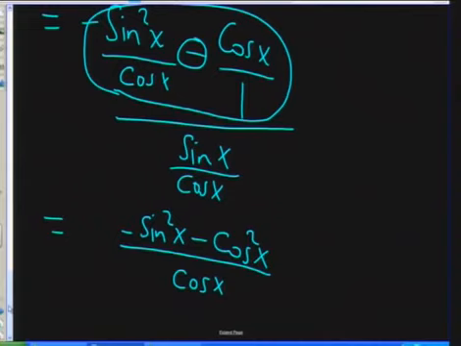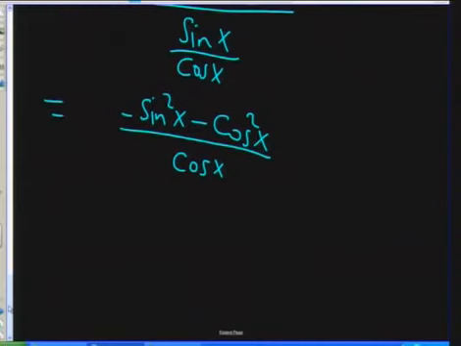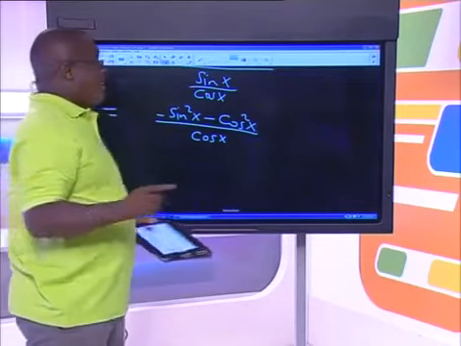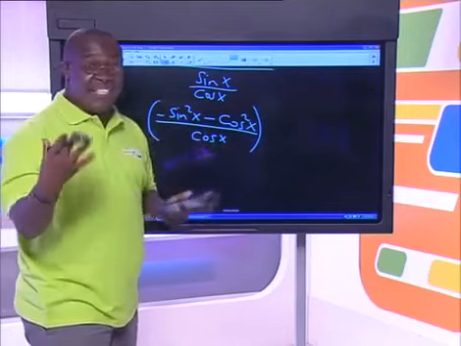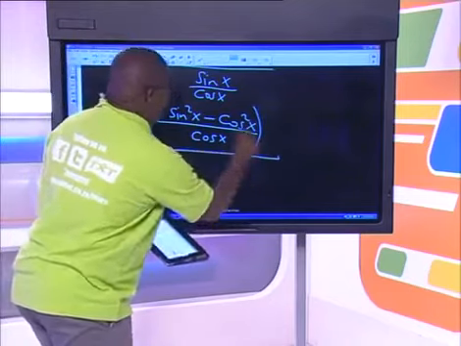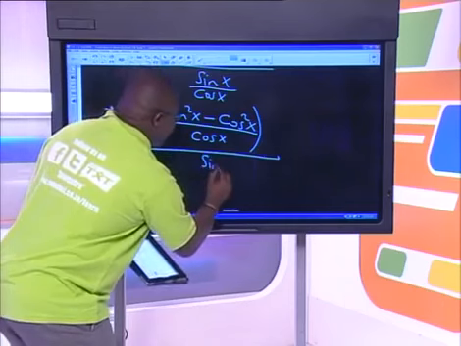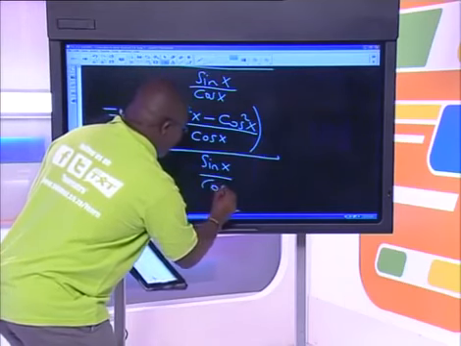Those of you who are intuitive are already seeing an identity of some sort there. But don't forget that this is only the numerator. We've got a universal denominator, which is sine x over cos x.